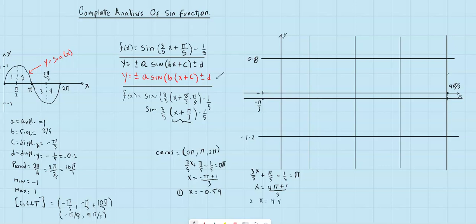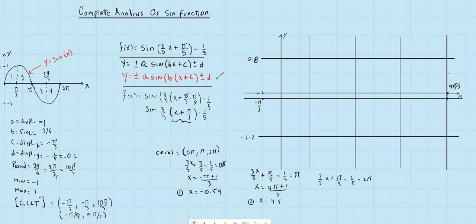So my second 0, then my third will be 3/5 x plus pi over 5 minus 1/5 equals 2 pi.